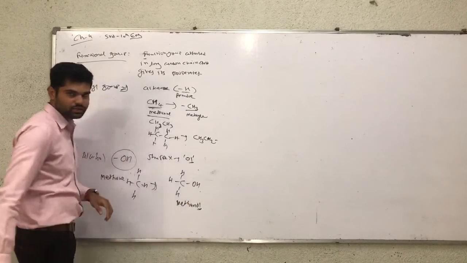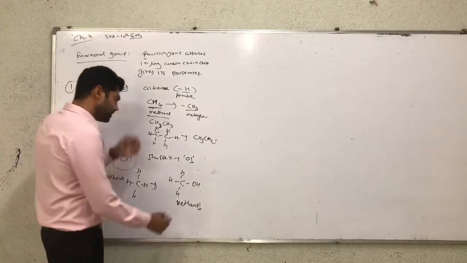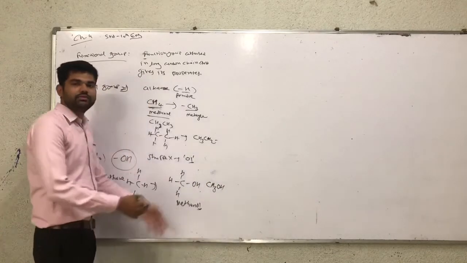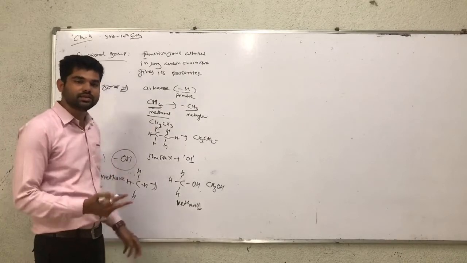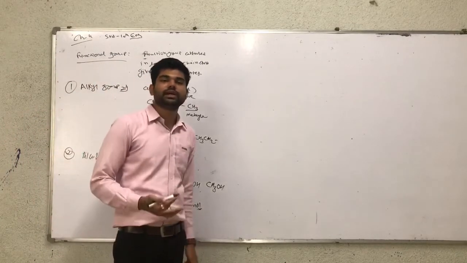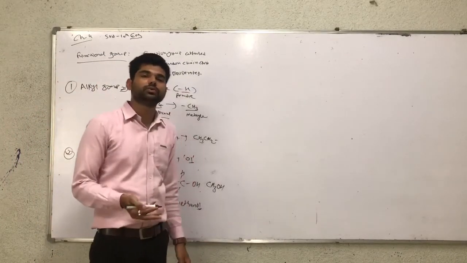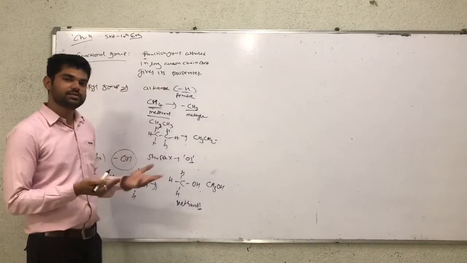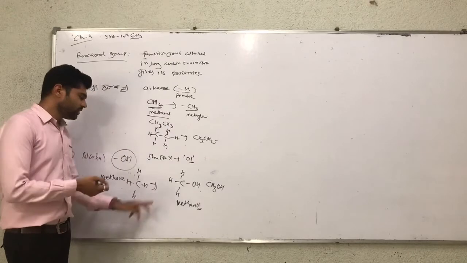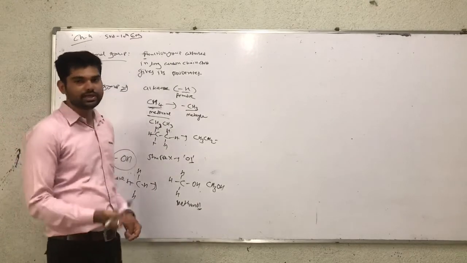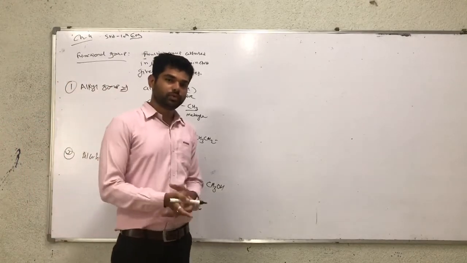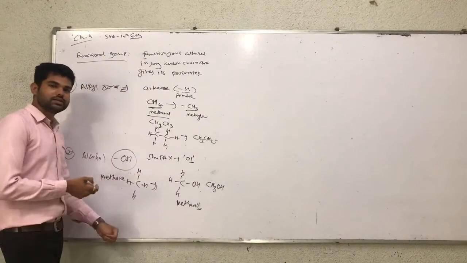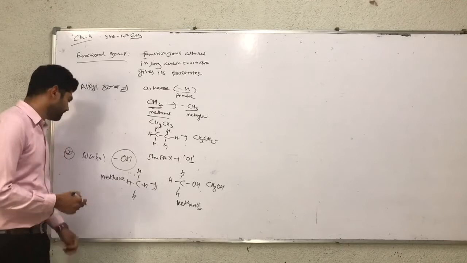The OL suffix is included in an alcohol. So the formula is CH3OH. In a similar way, 2 carbon means ethane, converted into ethanol. 3 carbon propane converts into propanol. Butanol, pentanol, hexanol are in a similar way. The OL suffix is included in the last term.